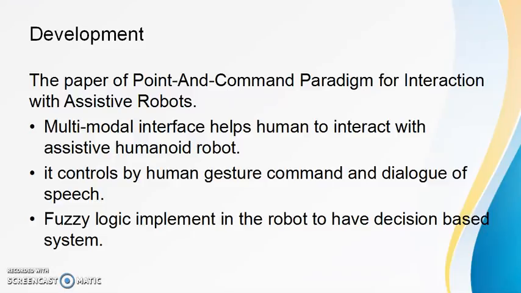The fuzzy logic application in this robot gives it a decision-based system, so the robot can think and react to the human gesture, command, and dialogue of speech given by the human.